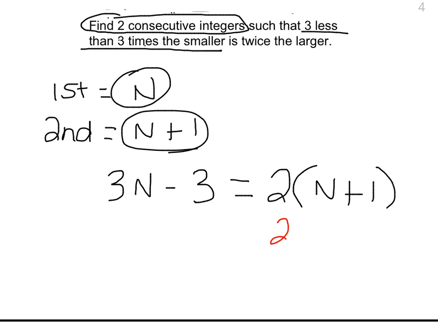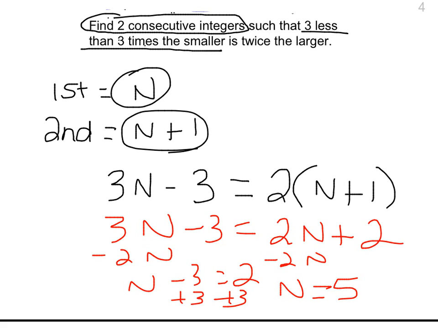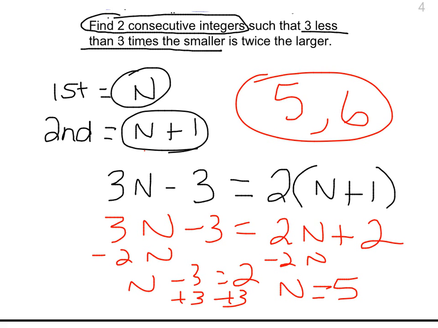So we get 2n plus 2, and then 3n minus 3. And then I'll move my 2n over here, and I get n minus 3 equals 2. And then add 3, and I know that n equals 5. So that means my first number is 5, and my second number is 5 plus 1, which is 6. And those two numbers are consecutive.